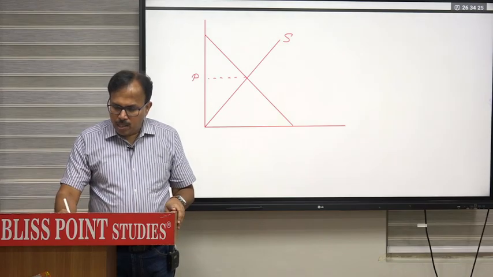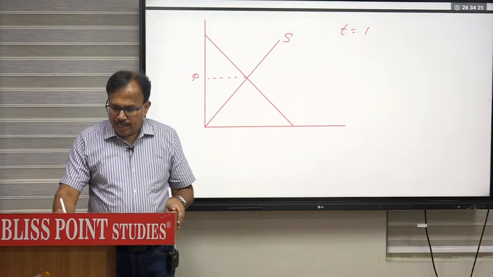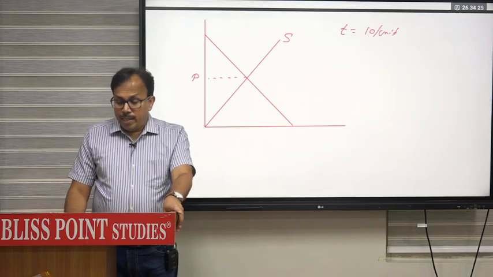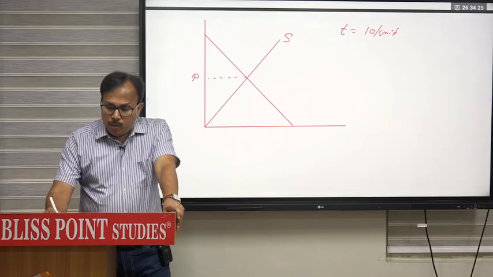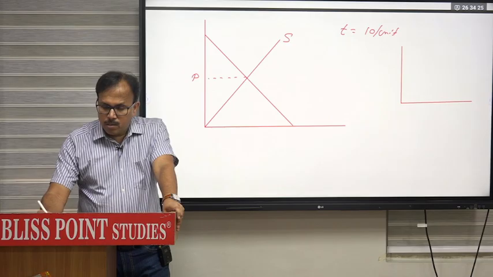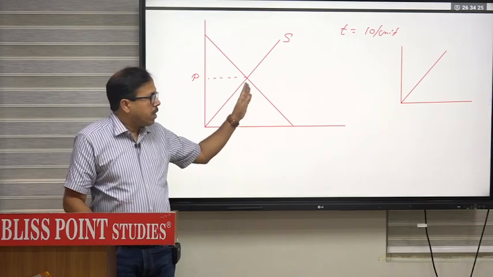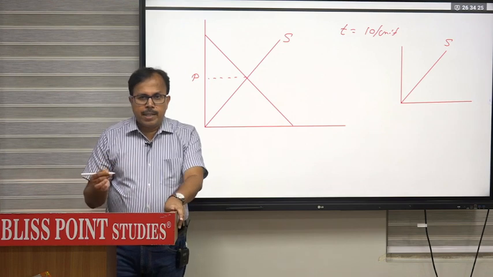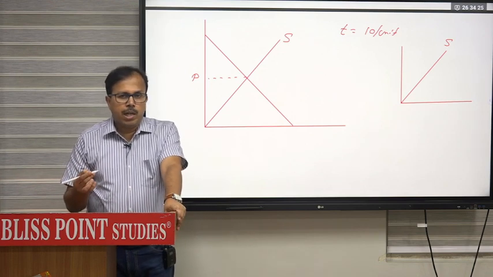Now if tax is imposed, suppose I said tax is 10 rupees per unit. Now if a tax of 10 rupees per unit is imposed, then what will happen? If you have drawn any supply curve like this, जो सप्लाई कर्व यहाँ बना रखा है, सप्लाई कर्व एक्चुअली शोज how much quantity firm will be willing to sell at different prices.